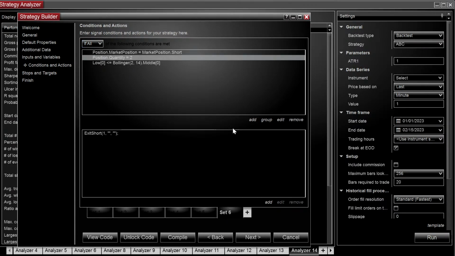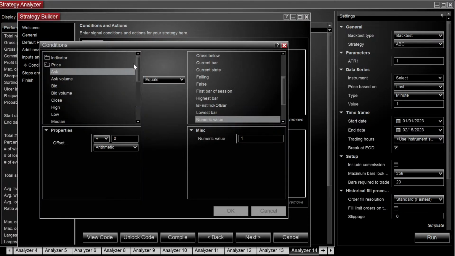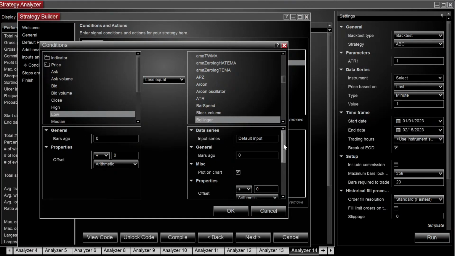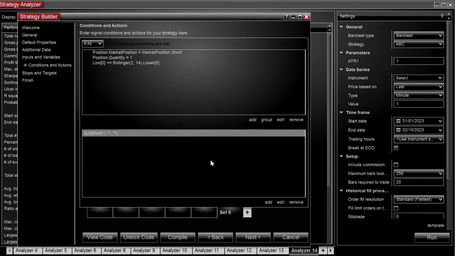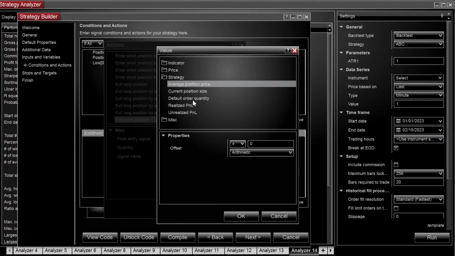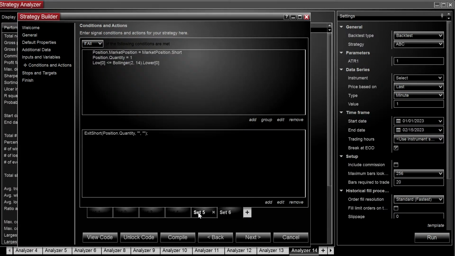For short, position quantity is 1. Now the low, if I can click it, the low is less than or equal to the lower band. And now let's set that quantity to current position size. Let's make sure the other one's current position size. Hopefully I didn't make any boo-boos.